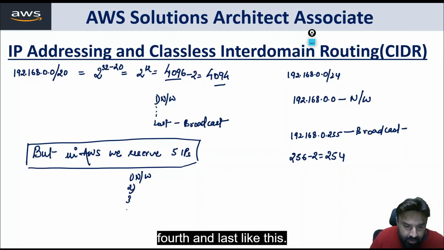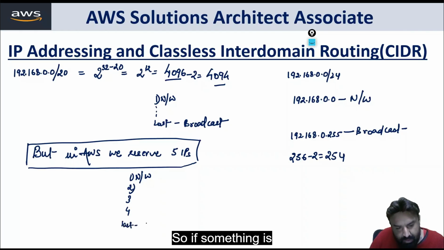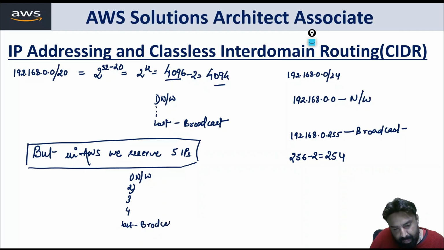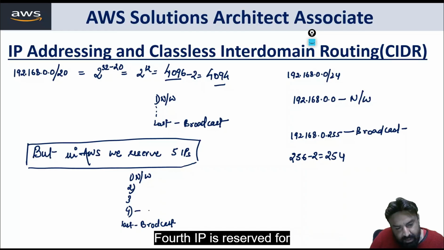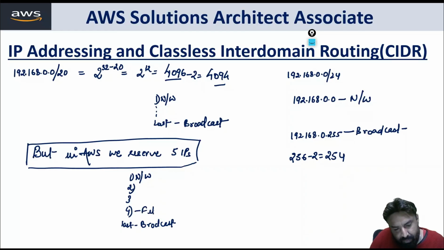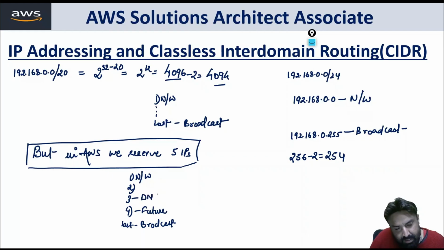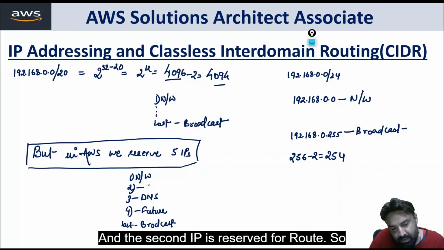Let me write the second, third, fourth, and last like this. The last is for broadcast. The fourth IP is reserved for future purpose. The third IP is reserved for DNS, and the second IP is reserved for route.